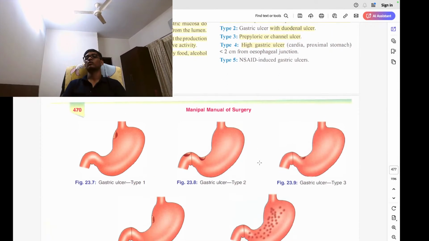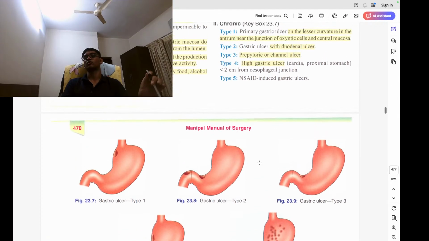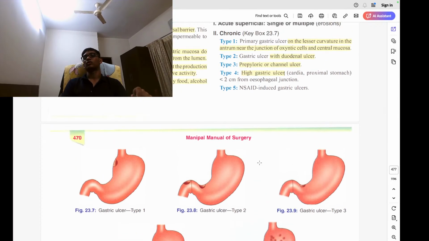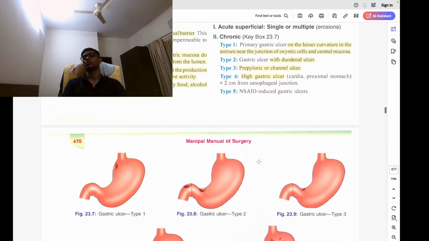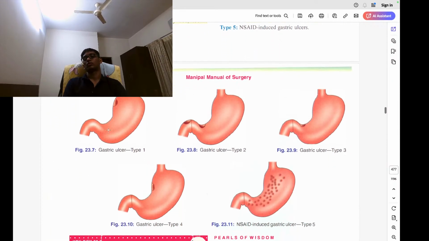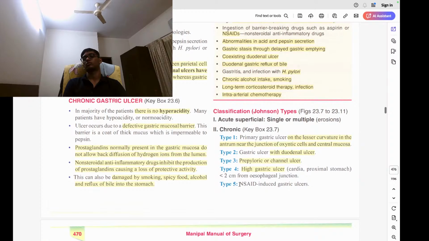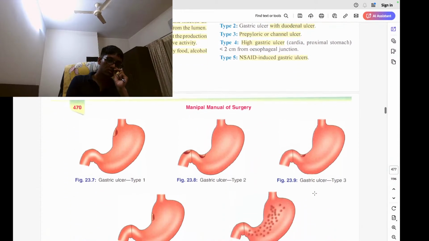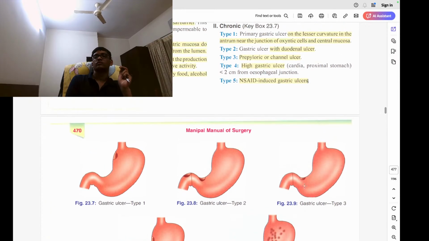Type 4 is a high gastric ulcer, in the cardia or proximal stomach, less than 2 cm from the esophageal junction. These both are similar. NSAID use is associated. High gastric ulcer is in the cardia or proximal stomach, less than 2 cm from the esophageal junction.